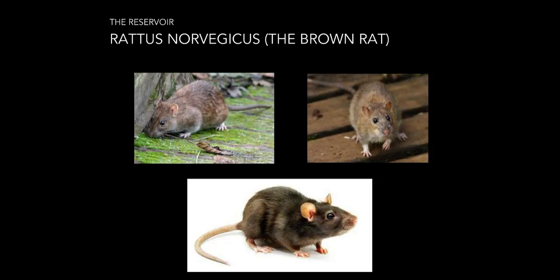They live in a variety of habitats, like garbage dumps, sewers, open fields, woodland areas, basements, and pretty much anywhere there's food and shelter, and anywhere there's humans, the brown rat is likely to follow. The main way they transfer a lot of the disease is through fecal matter, through poop.